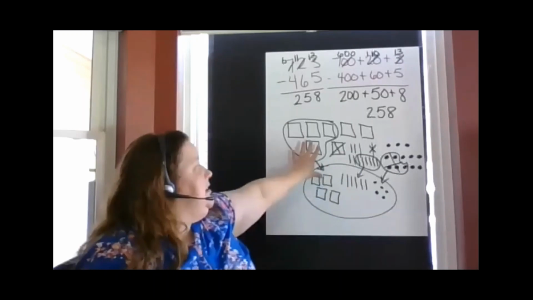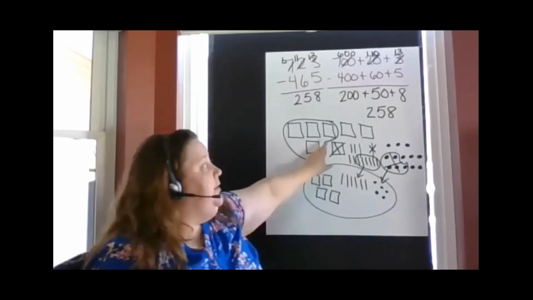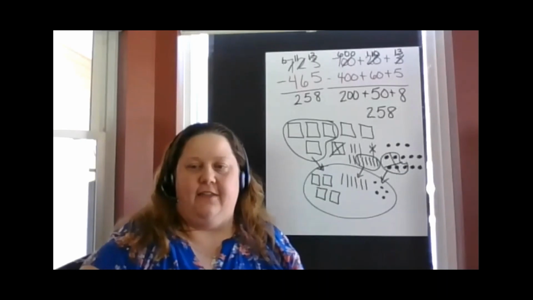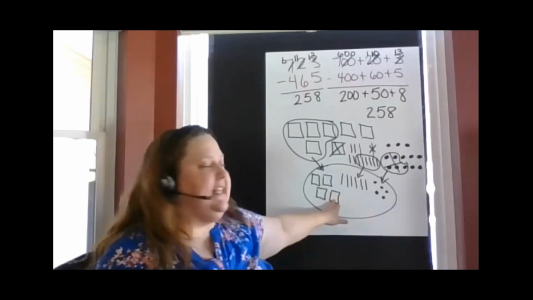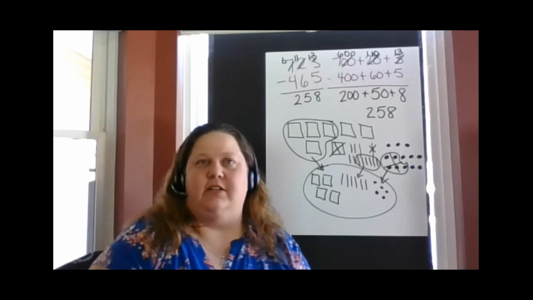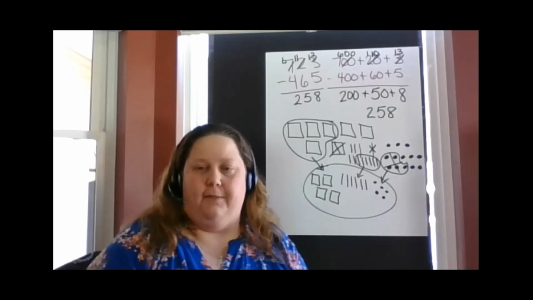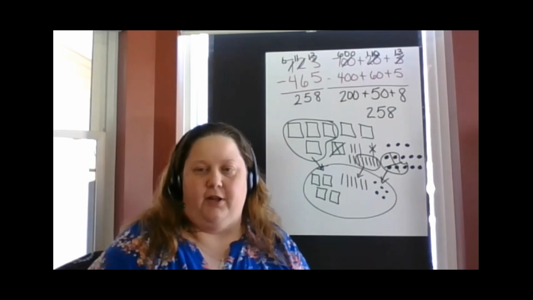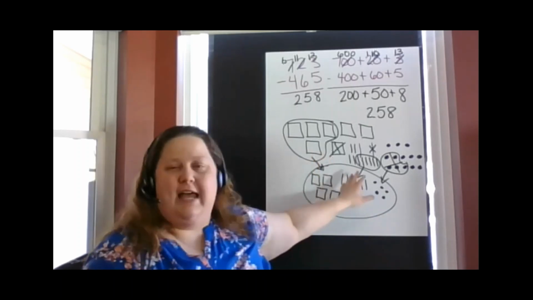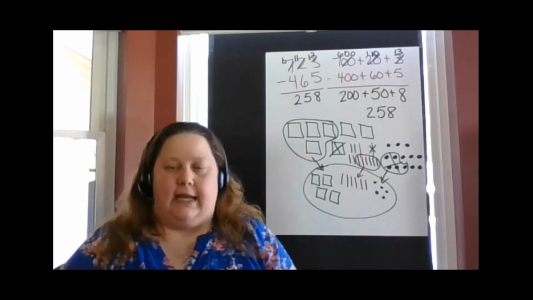So if we started with this base 10 block and we had the physical blocks and we're having to take them away, we can't take them away without having to make those trades. So it gets students away from thinking about taking that smaller number from a larger number, because they actually start with a set of blocks and they're building the second number.